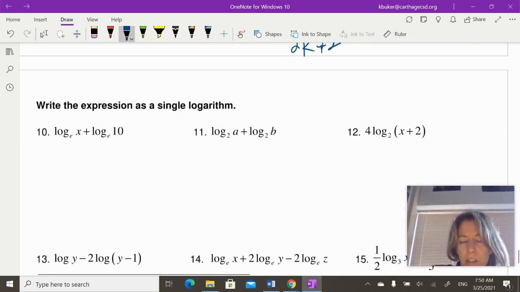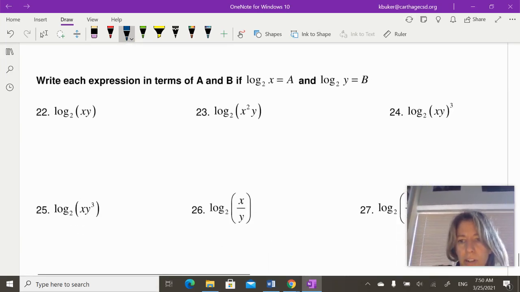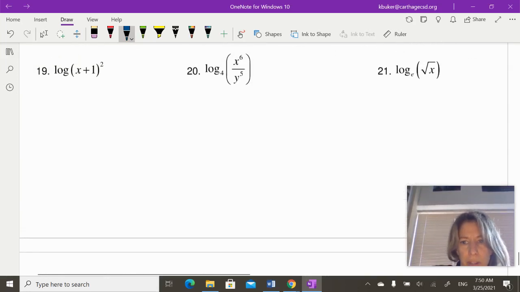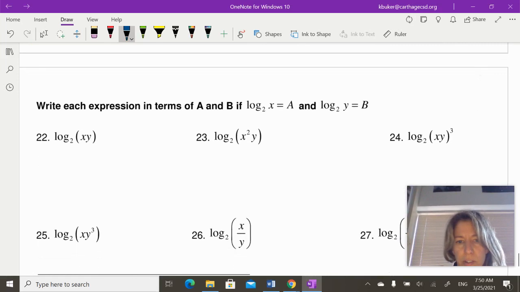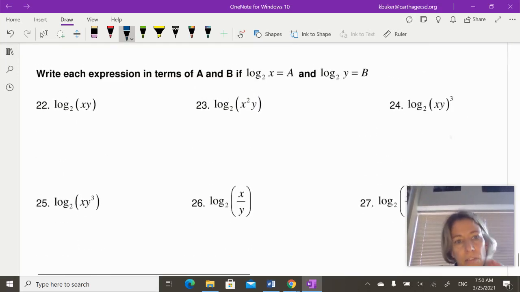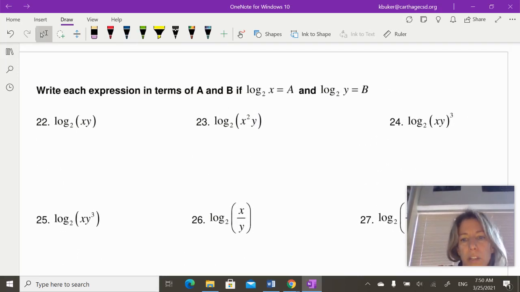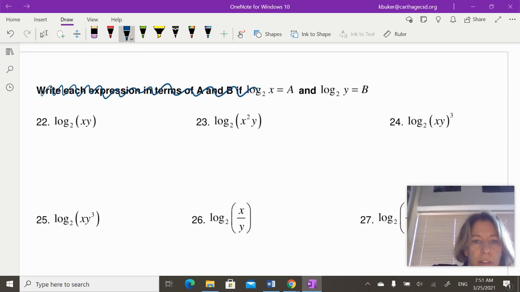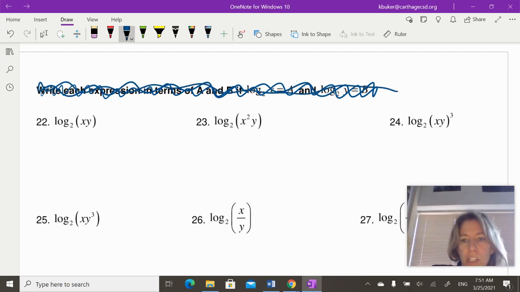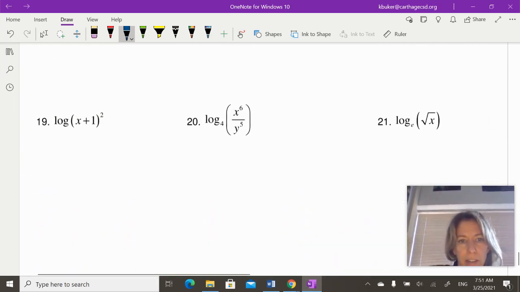Your homework starts on page 17 and then continues on to 18. For questions 22 through 33, ignore these directions. Don't worry about that whole A and B thing. Just expand your logs like we practiced in the lab.